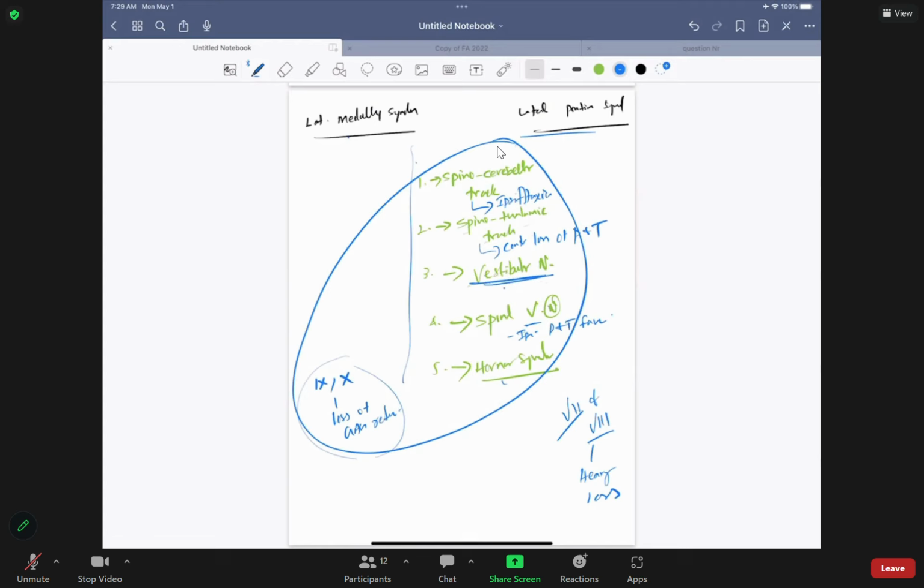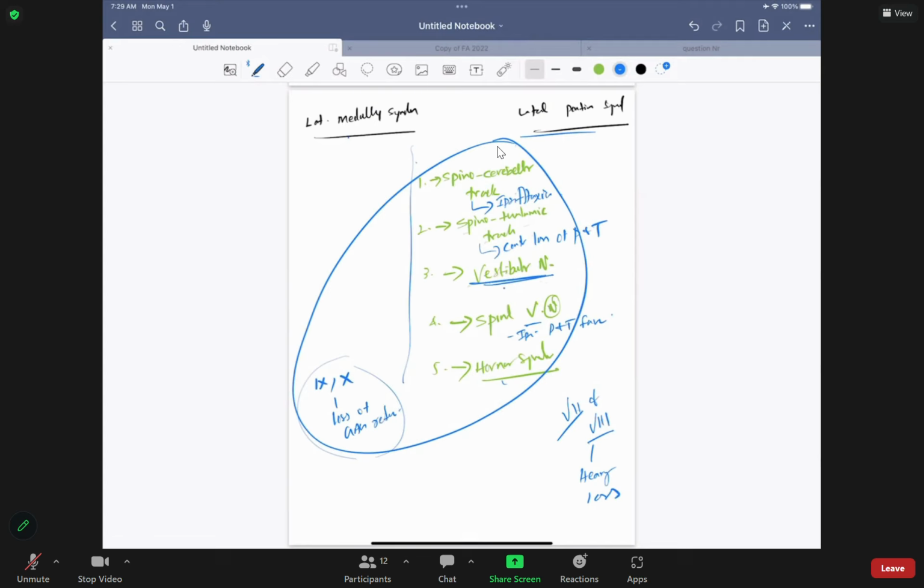Pain and temperature, or pain and sensation? Pain and temperature is trigeminal. We just mentioned it previously, so it can't be that. What do you think of it? Tear production. Mhm. For tear production, you need the facial nerve. One more. What else? Salivation. Okay, still, involve the tongue. Can you tell me something?